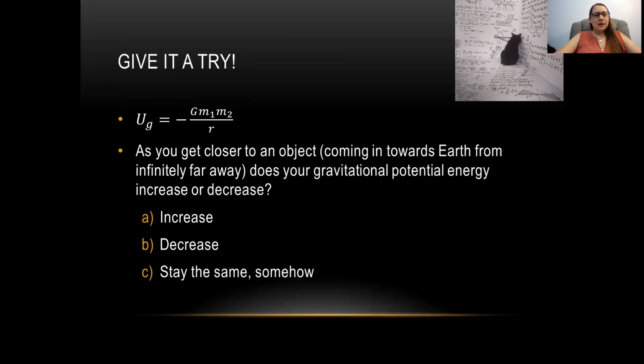As you get closer to an object, so coming in towards Earth from infinitely far away, does your gravitational potential energy increase or decrease? Okay, so our gravitational potential energy would decrease because there is that negative sign in our equation now. So it gets more and more negative as your distance from the object decreases.